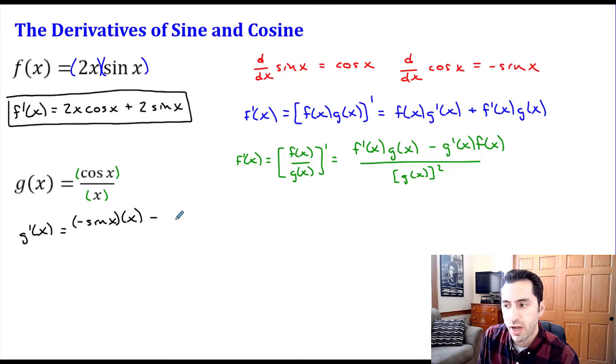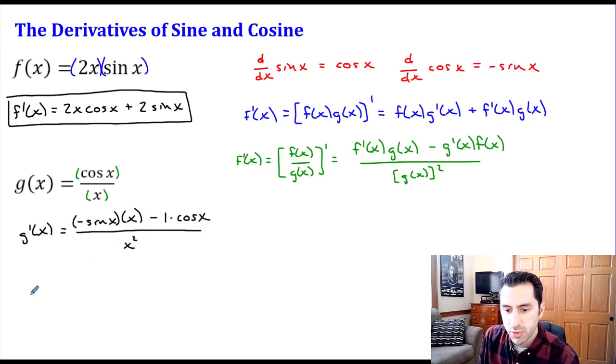And then we're going to subtract the derivative of the denominator. So the power rule again, the derivative of x is just 1. And then we'll multiply this by the numerator, which is cosine of x. And then in the denominator of our fraction, we have our denominator squared. So x times itself, we have x squared.